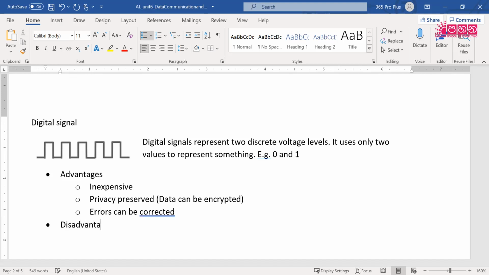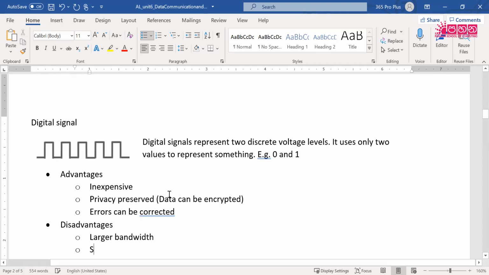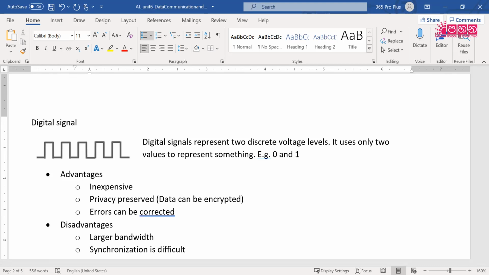Disadvantage, you need large bandwidth. Synchronization is difficult.